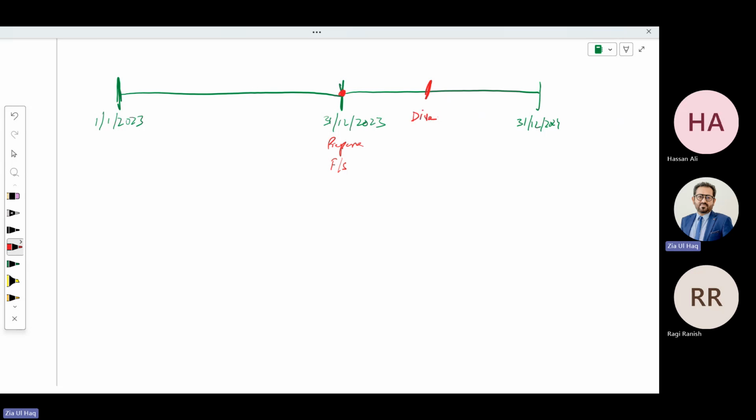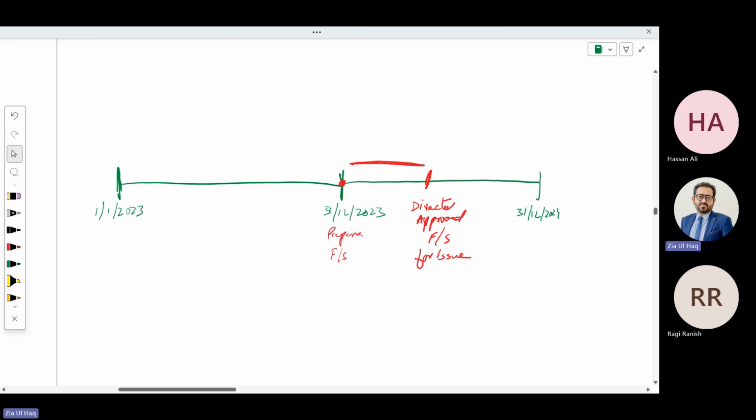So this is the date where director approve financial statements for issue. This period from year end till director approve financial statements for issue. This period is called post year end period.